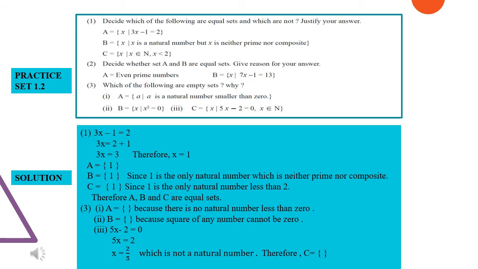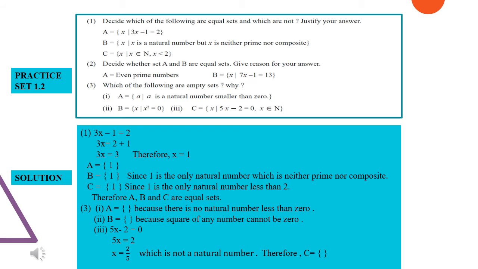Next, B is equal to x such that x is a natural number, but x is neither prime nor composite. So again here my set B is equal to 1 because 1 is the only natural number which is neither prime nor composite. Then C is equal to x such that x belongs to N. Now here N is nothing but natural numbers and x is less than 2.